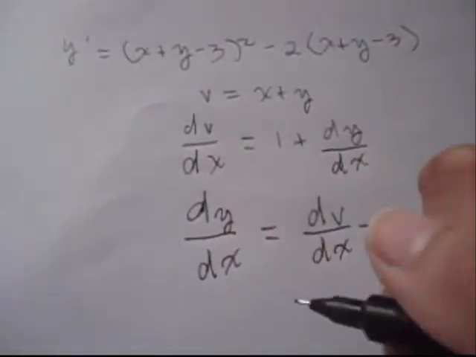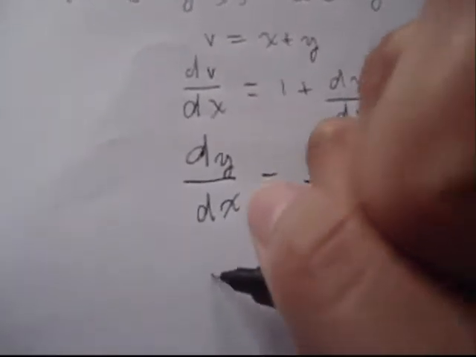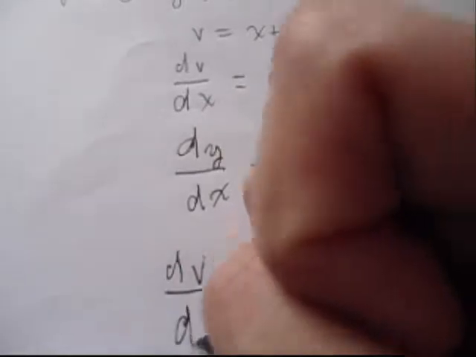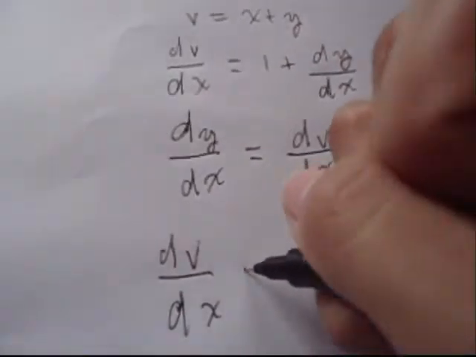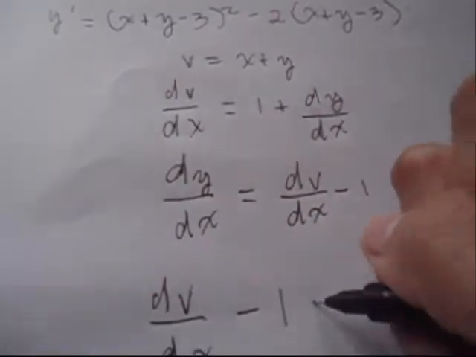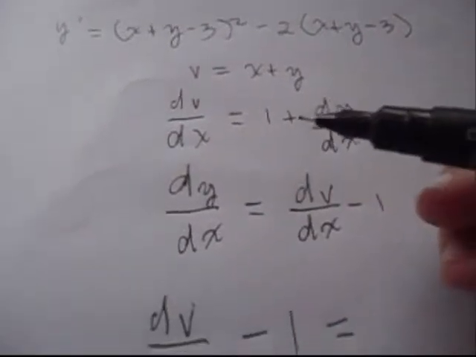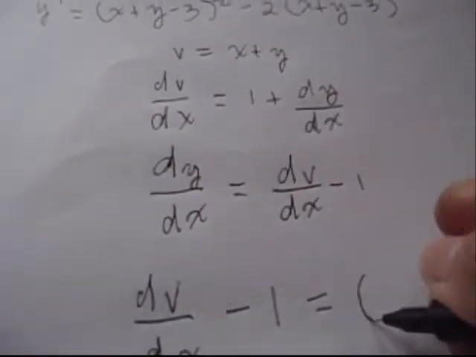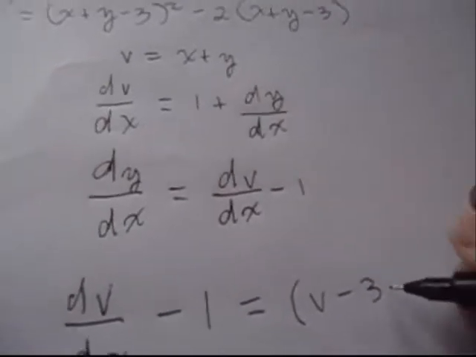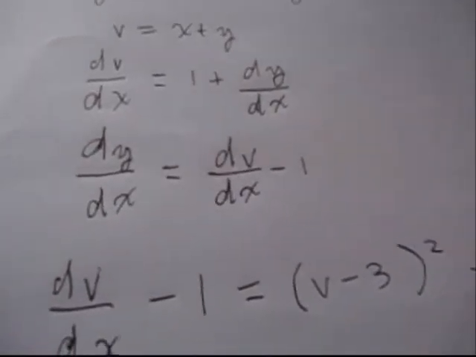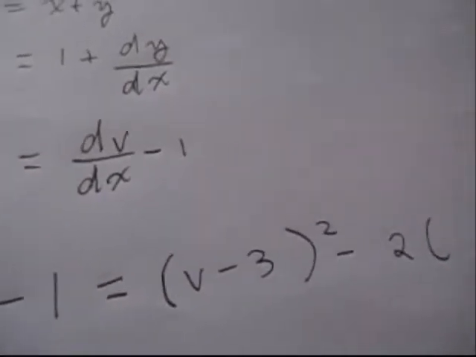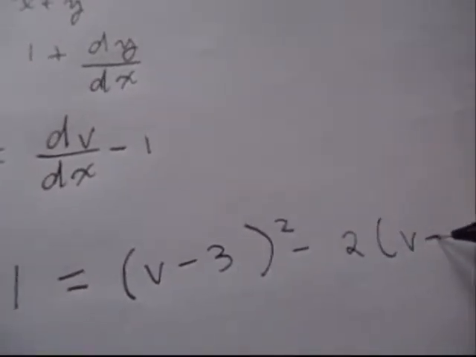So we have here dv over dx minus 1 is equal to, with x plus y equal to v, we replace it with v minus 3 squared minus 2 times v minus 3.